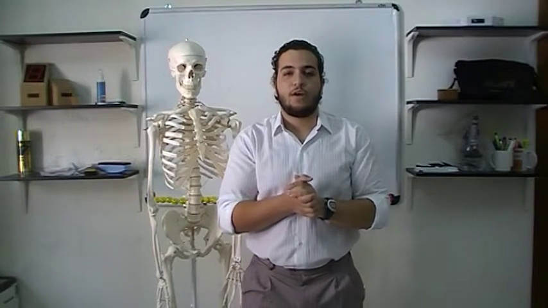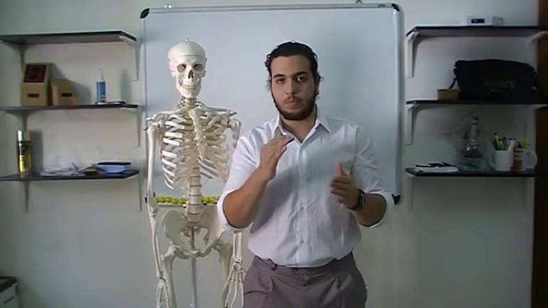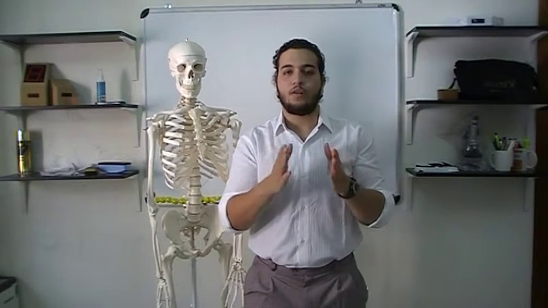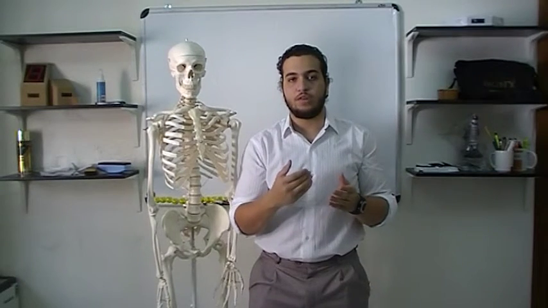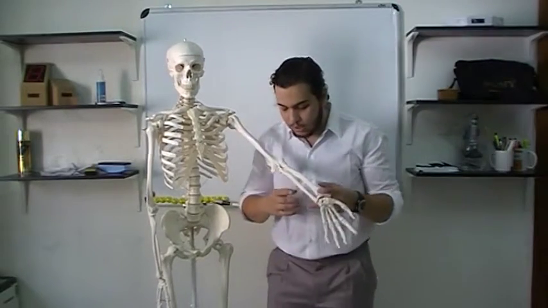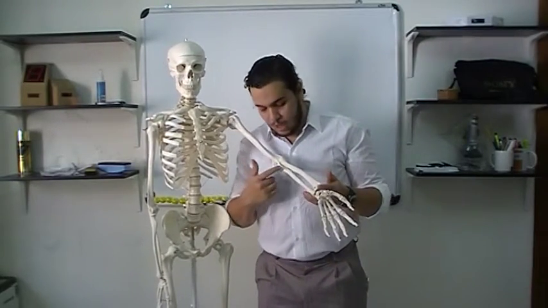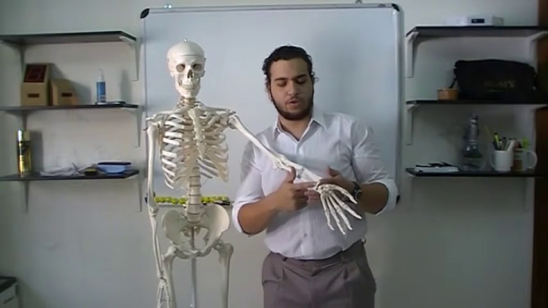So we have proximal and distal. A lot of students make a mistake between superior and inferior and proximal and distal. Proximal means closer to the origin of the structure, while distal means further away from the origin of the structure. So let's say here Mr. Skull again, and we have a joint here called the radioulnar joint, and another joint here called the same name.